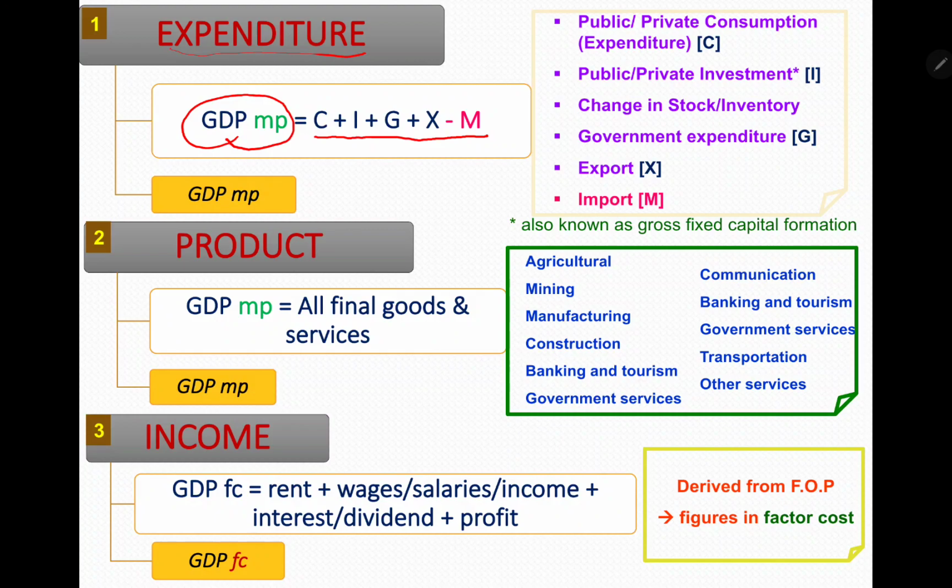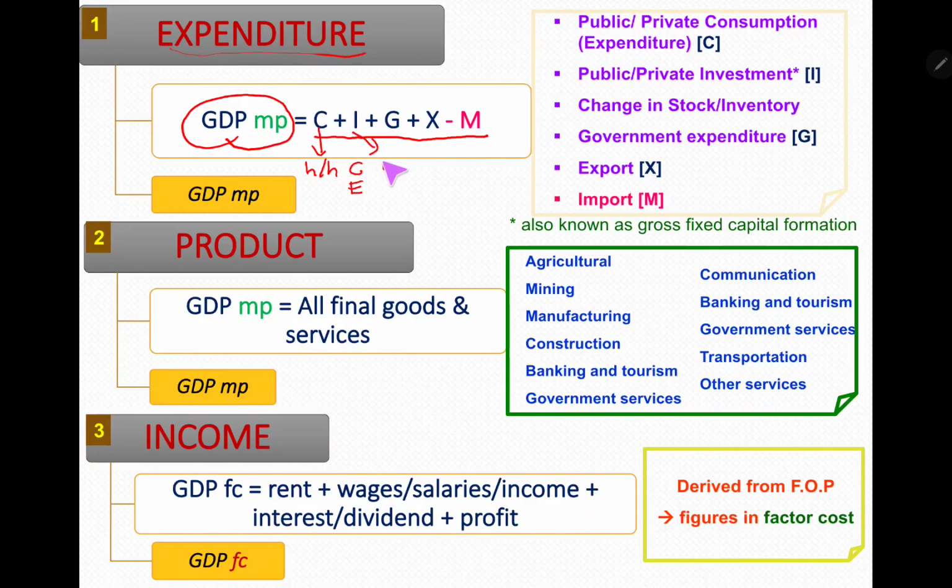Remember the term GDP? GDP means whatever goods are produced inside the country. So MP represents the market price, the value or the price of the goods at the market. So what is C? C represents household consumption or household expenditure.